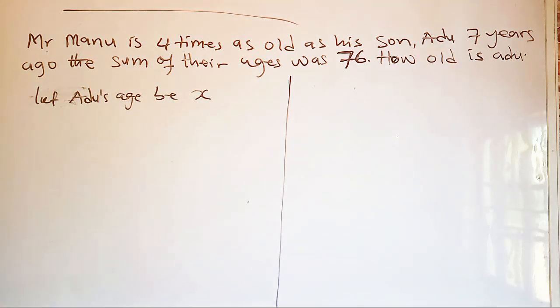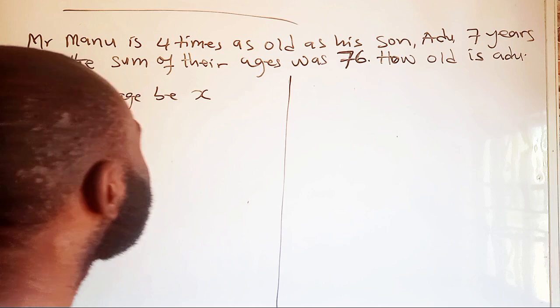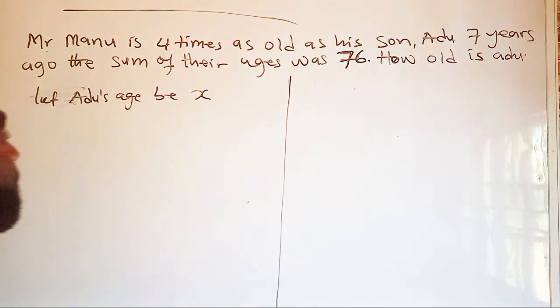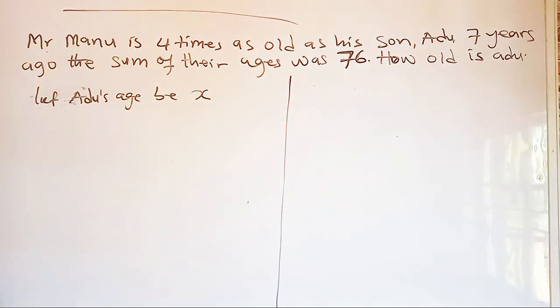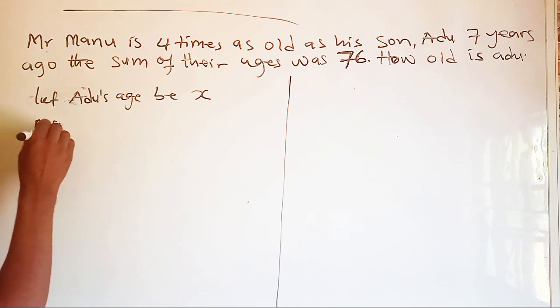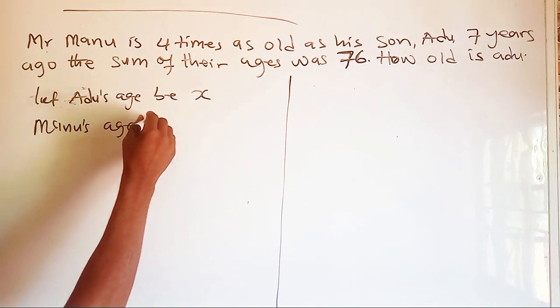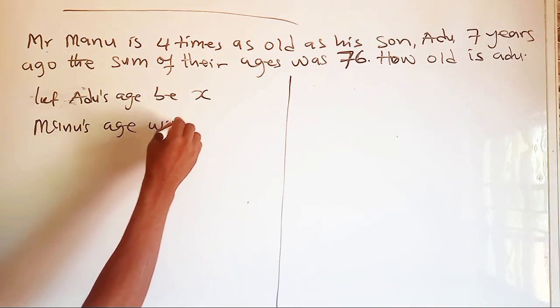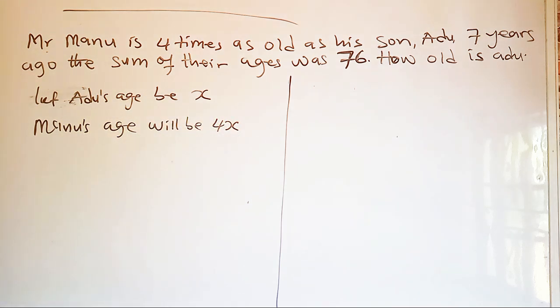So if Adu's age is X, which means his father is 4 times as old as his son. So if Adu's age is X, his father will be 4 times X. So Manu's age will be 4x.